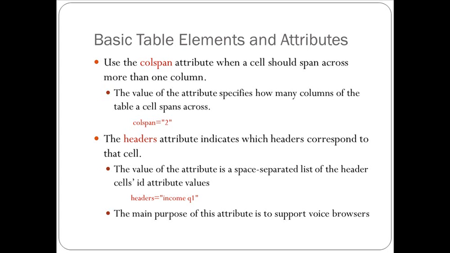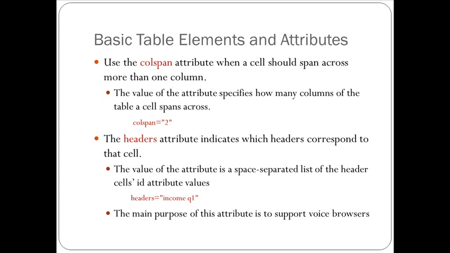Column span equals 2, it's going to span across 2 cells: the one where this column span attribute is contained, as well as the next. This is similar to highlighting 2 cells in an Excel spreadsheet and using the merge to combine those 2 cells.